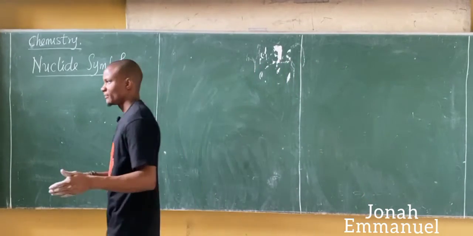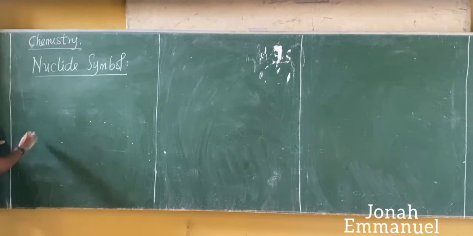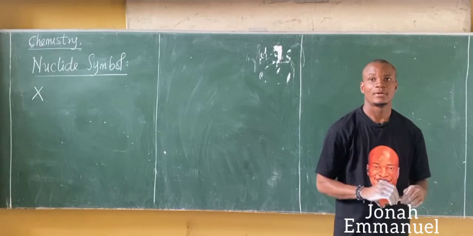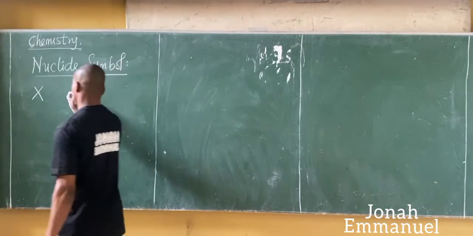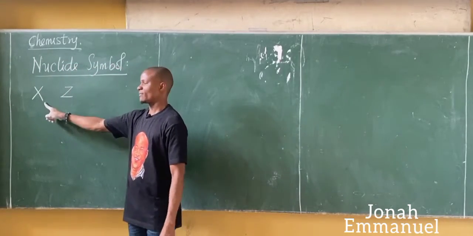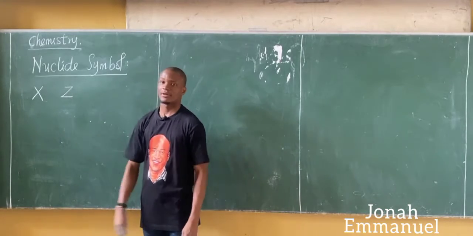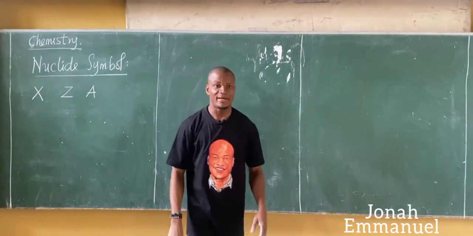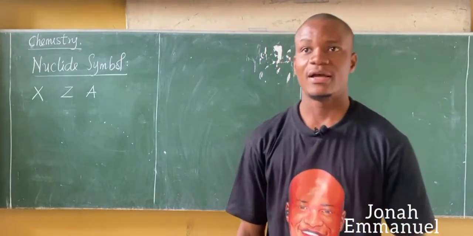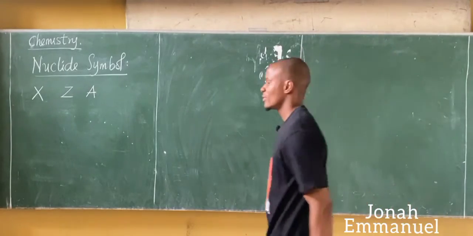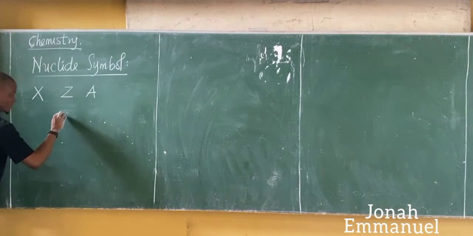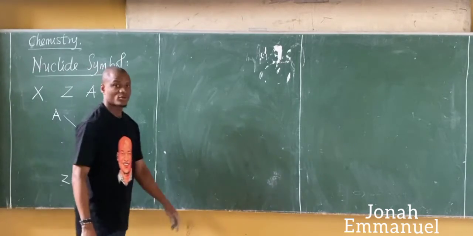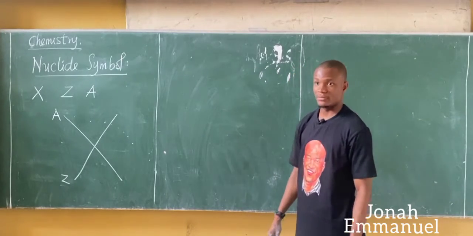Given an element X having atomic number Z and mass number A, its nuclide symbol is written as X with Z and A. What does it mean?